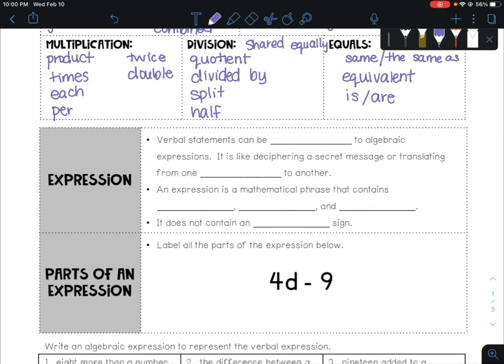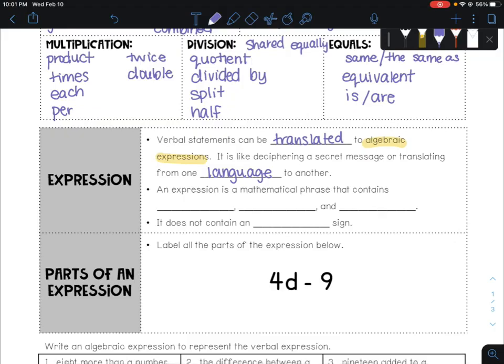Okay, so now that we've got that list, we can start thinking about writing expressions. But let's talk about what expressions are a little bit more in detail. So verbal statements, meaning like a sentence, can be translated to algebraic expressions. It is like deciphering a secret message or translating from one language to another. So you're translating from English, words written on a page, to math symbols.